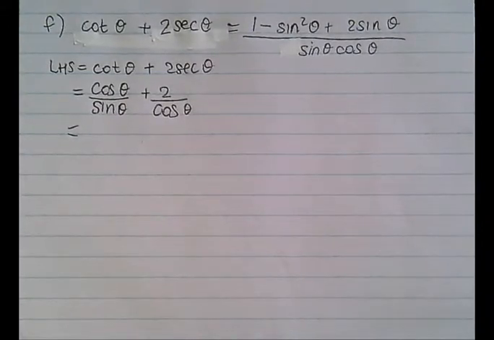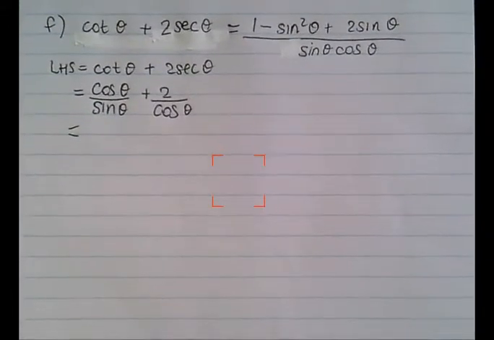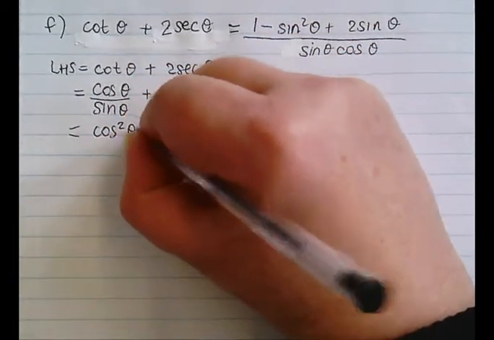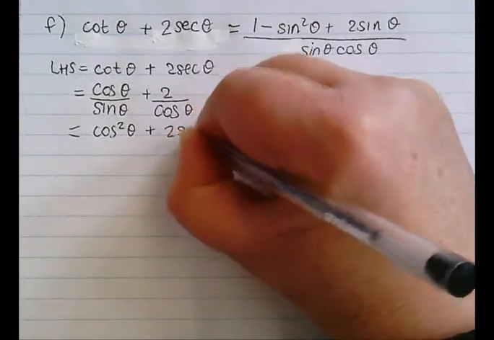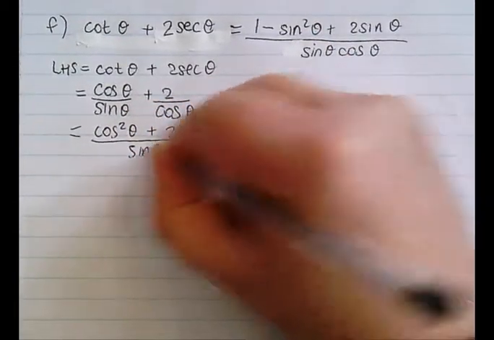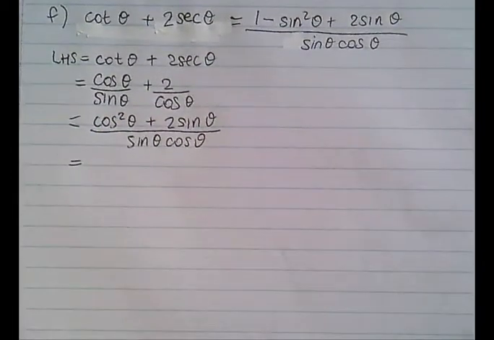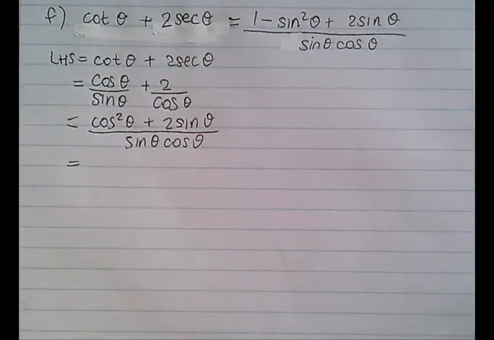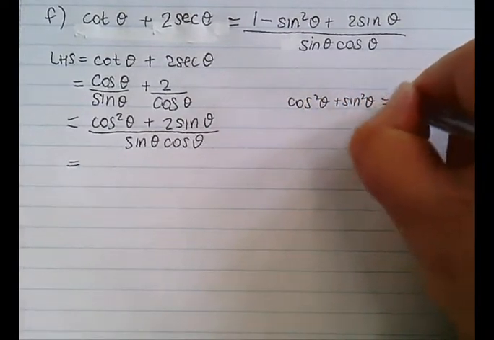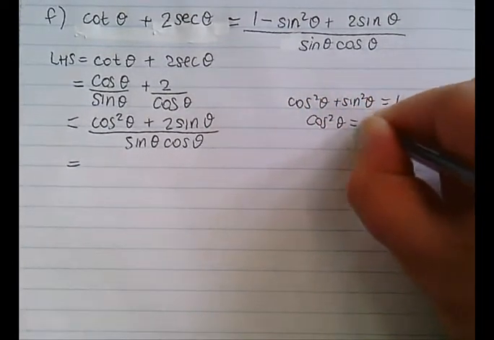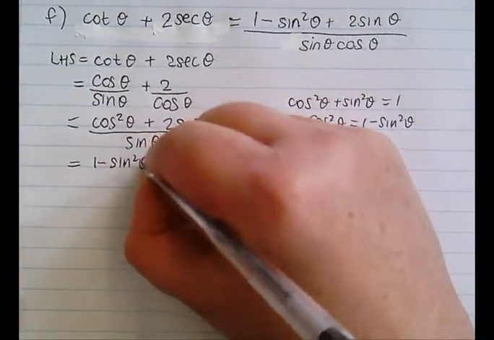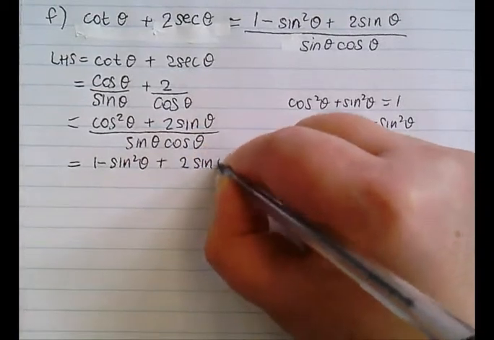Yep, common denominator. Off you go. Cos squared theta plus 2 sine theta. This one's fine. Over sine theta, cos theta. These aren't hard. And you just change. So over here you always have cos squared theta plus sine squared theta is 1. So cos squared theta is 1 minus sine squared theta. So you just replace your cos squared theta.